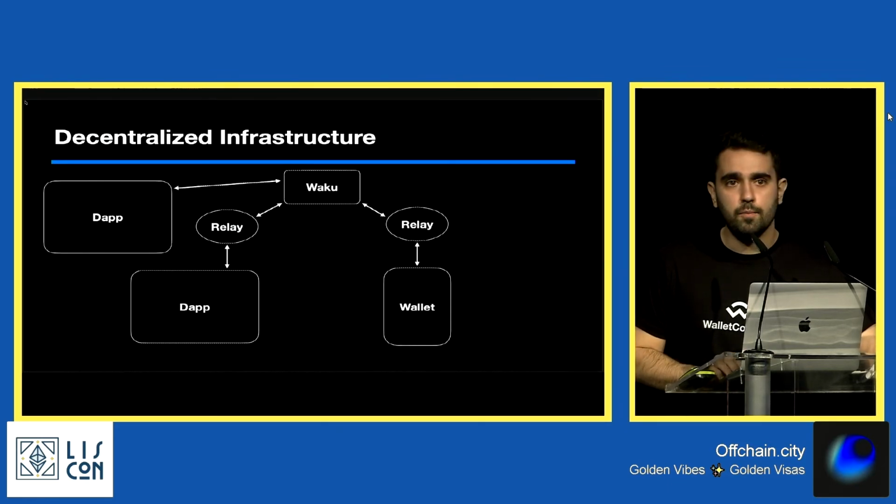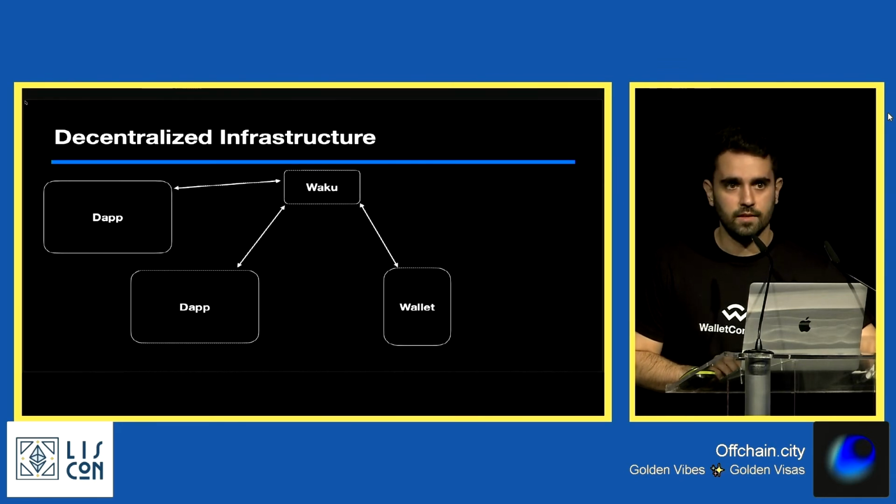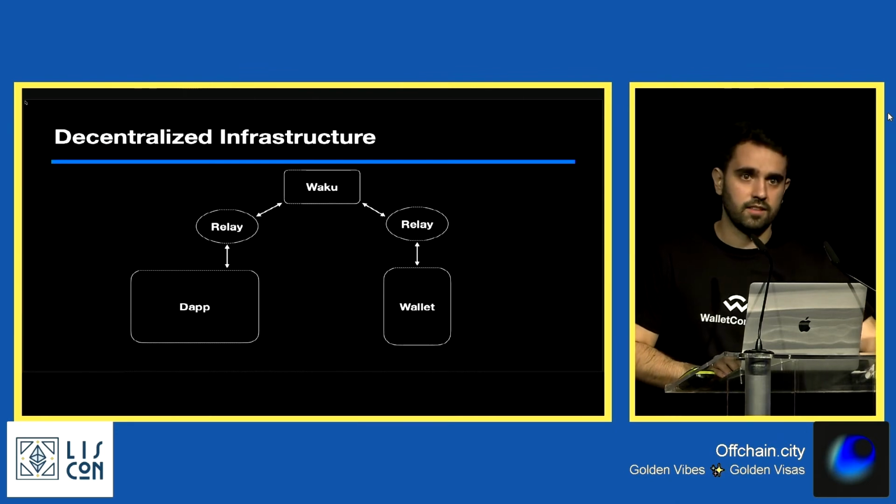We even allow people to broadcast messages directly into the Waku network, where you could use a libp2p client and you can actually broadcast directly. And you could even have the wallet also broadcast directly and not even have to use relays at all. However, we have experience with this a lot. We have learned a lot in the last 3 years, and we have run quite a significant infrastructure to put this in place.